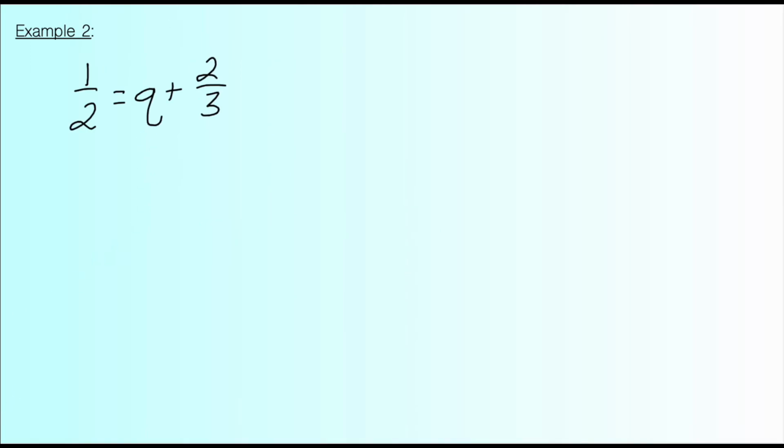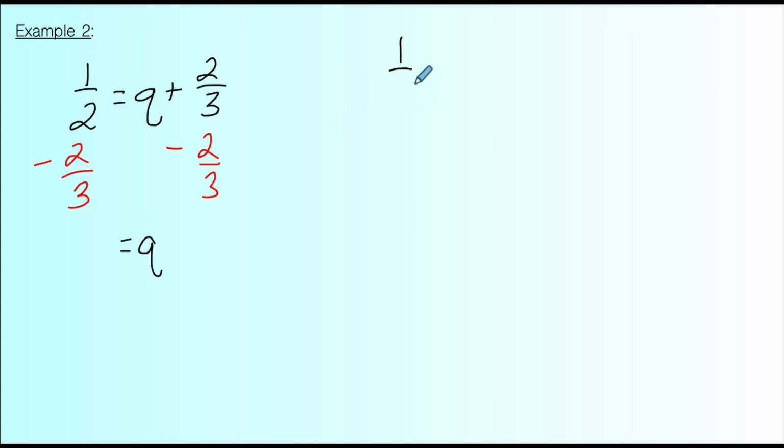In this example, I'm again going to be using subtraction as my inverse operation. That's going to get rid of the 2/3 that's with the variable q, and that's going to isolate q by itself. So I've got q equals, and I'm going to be subtracting. Now, when you add and subtract fractions, what's the number one thing you have to have? Common denominators.